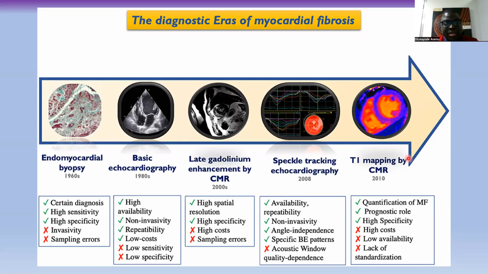They are very durable, non-invasive, and even the reproducibility and repeatability are very nice. Low cost, but it has low sensitivity and low specificity. For the LGE image, spatial resolution is fine, and high specificity, very, very good.